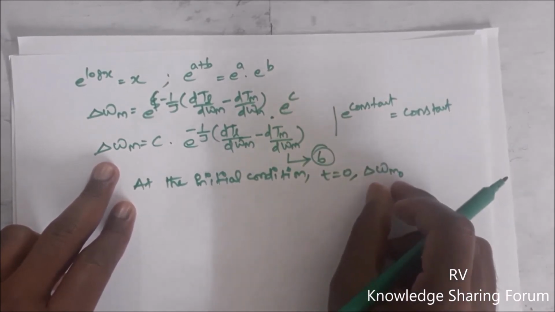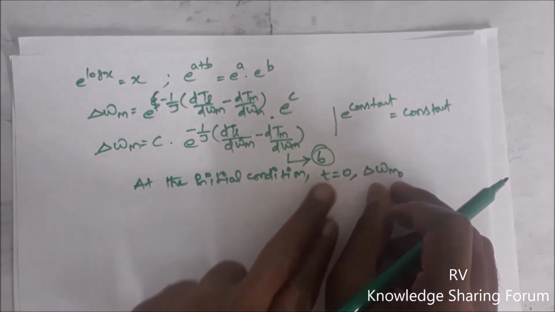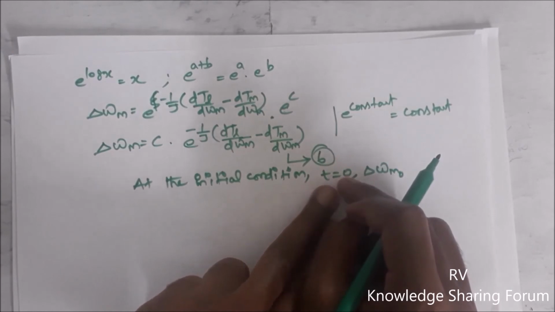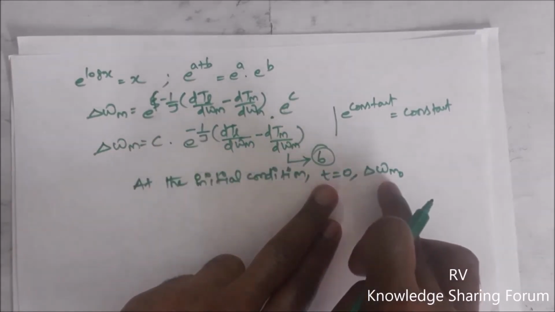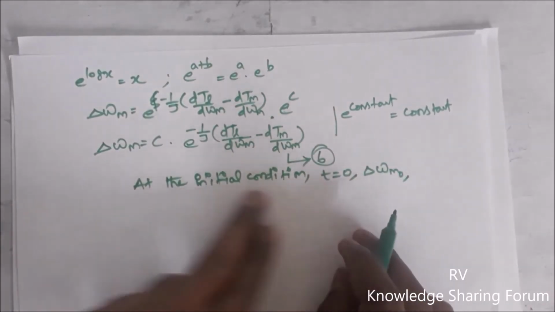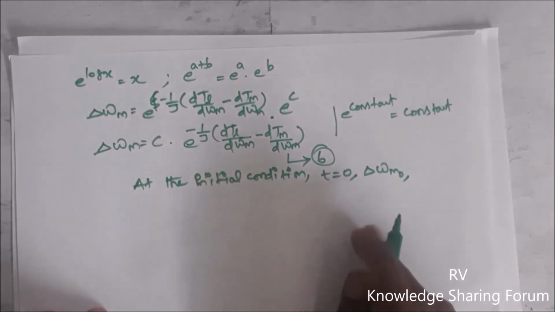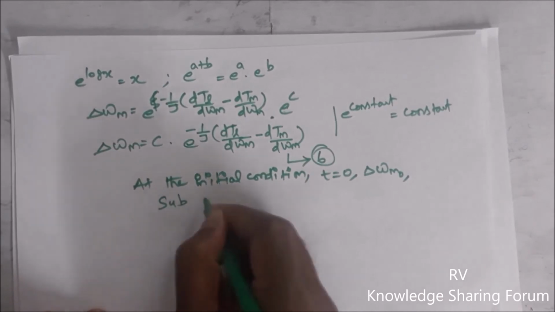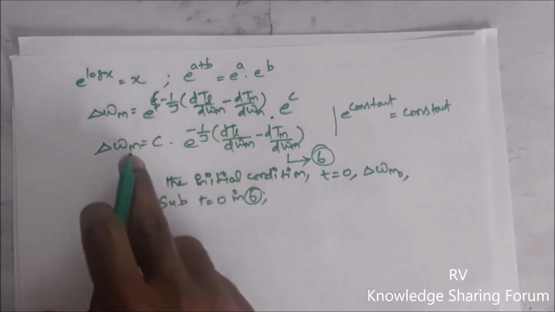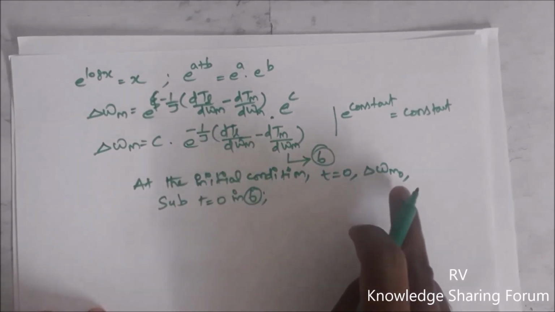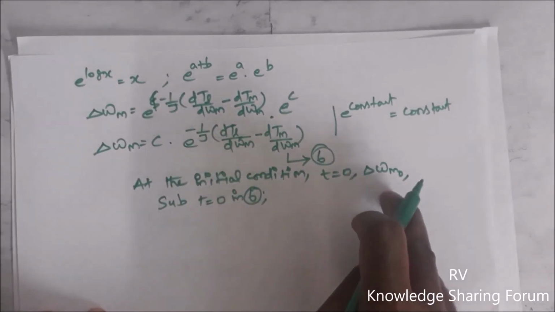That means, at the initial condition, when time t is equal to 0, I am considering the change in speed as delta omega m naught. So what happens to this equation 6? Let us substitute t is equal to 0 in 6 in order to find the value of delta omega m naught, that means the change in speed at the initial condition.